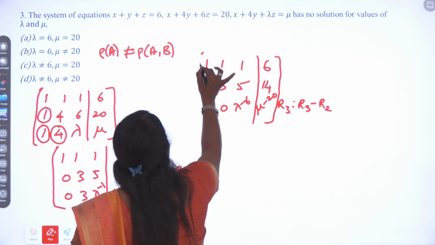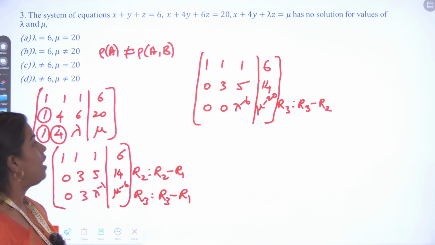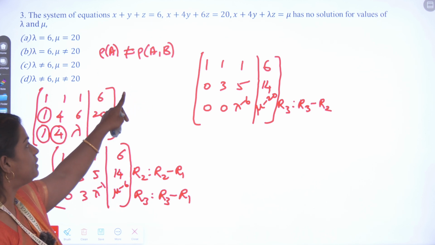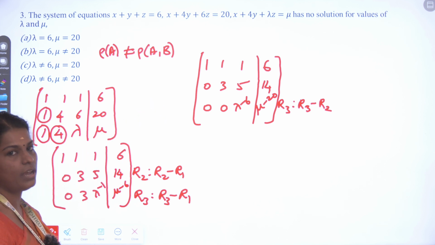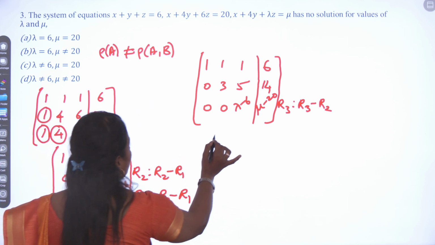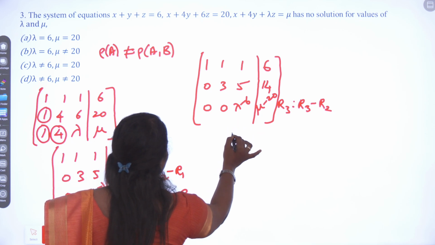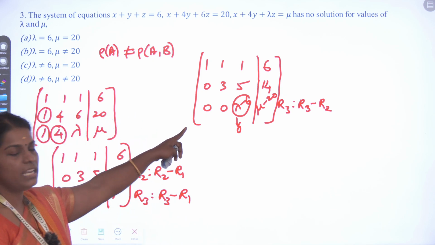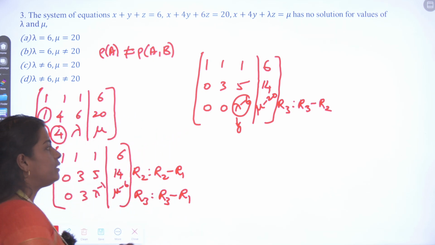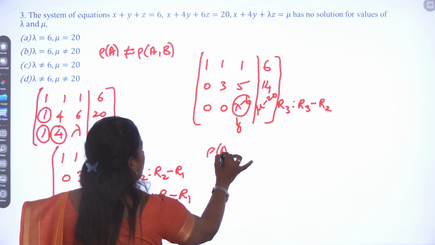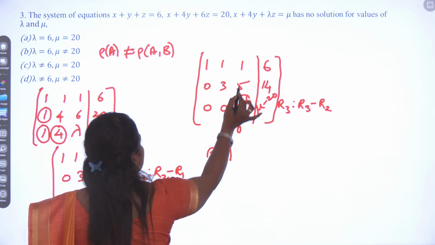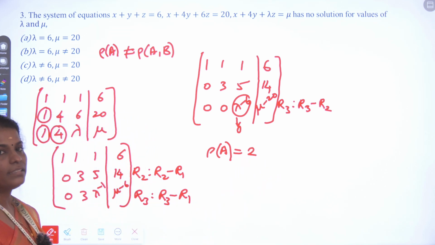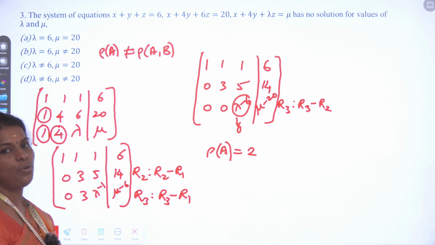So we have derived the row echelon form. Our aim is that rank of A should not be equal to rank of AB, only then this system doesn't possess any solution at all. So if this element lambda minus 6 becomes 0, then rank of A, considering this matrix alone, is given by 2, because we know that rank is nothing but the total number of non-zero rows.